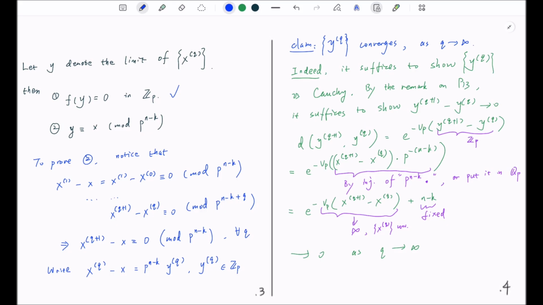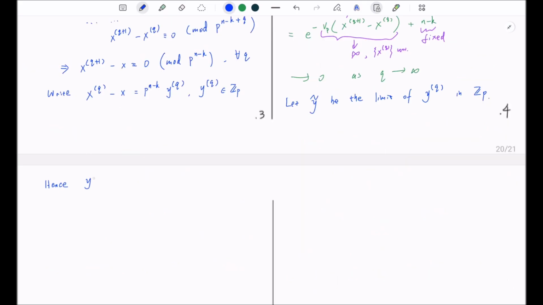Now, because it's convergent, let y tilde be the limit of y q in Zp. When you take the limit of both sides, because x q converges to y, and this y q converges to y tilde, you get this equation in Zp.